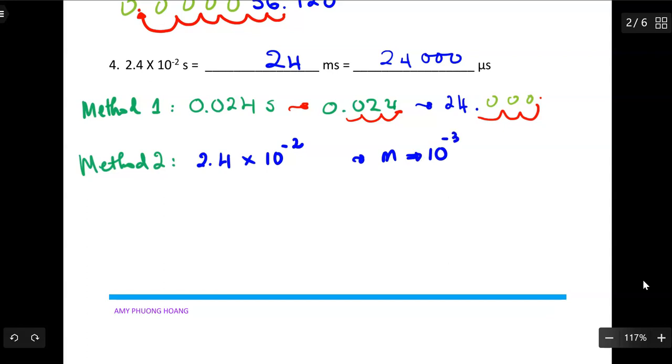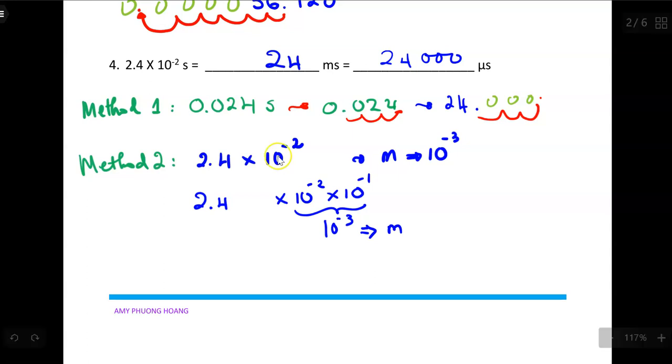So what you do is convert this into a 10 to the negative 3, and then you can just replace it with that. So I will do it like this. Take 2.4, I times this with 10 to the negative 1, right? If I times this by 10 to the negative 1, this combined will give me 10 to the negative 3, which is equivalent to the milli.